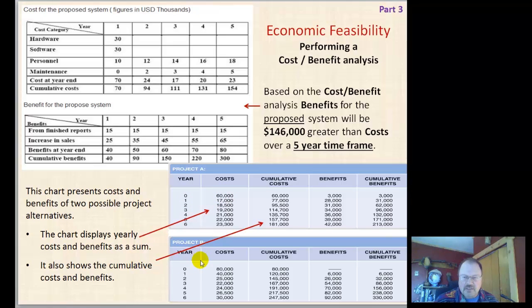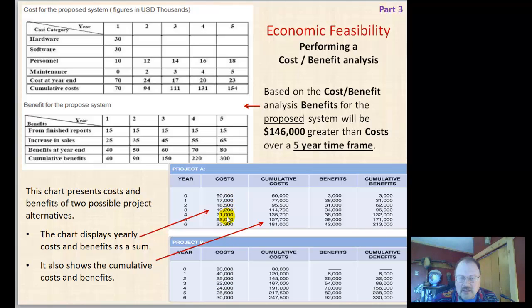Now, here's project B, and it lays out a little bit differently, only in that the costs and benefits are a little bit different. There is no benefit in that first implementation year, but moving on further, and I'm finding it hard to see because it's kind of small on the screen, we see costs of 40, 25, 22, 24, 26, and 30.